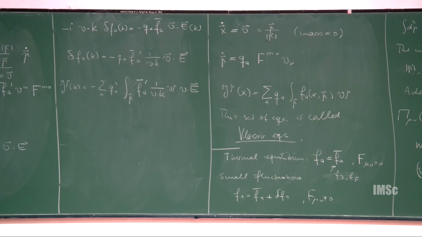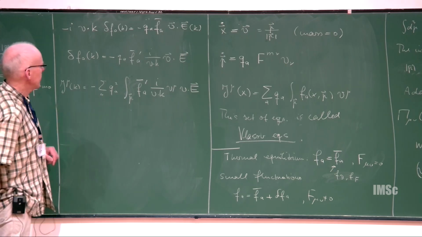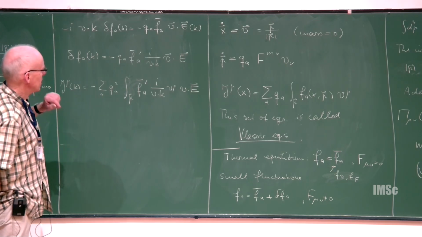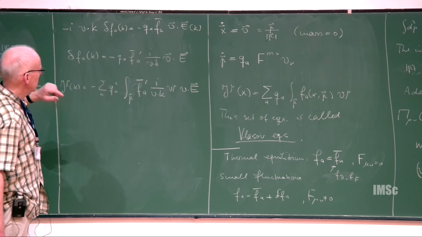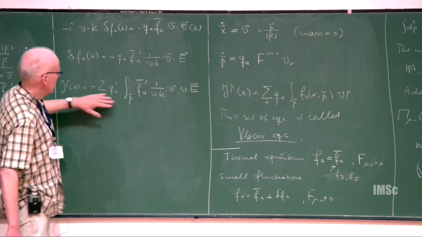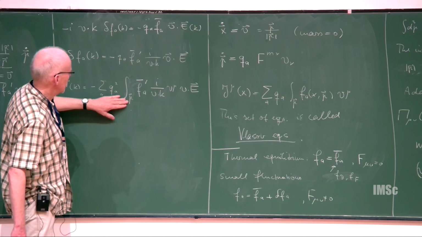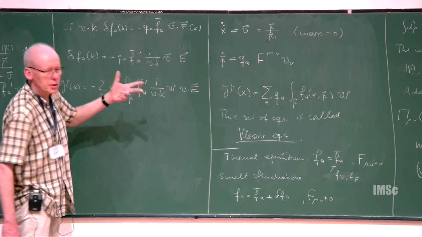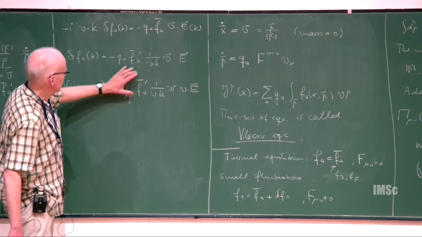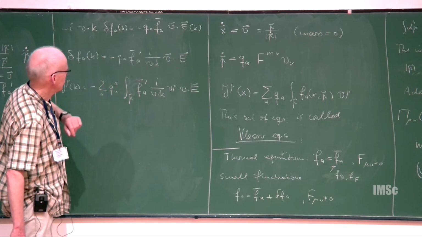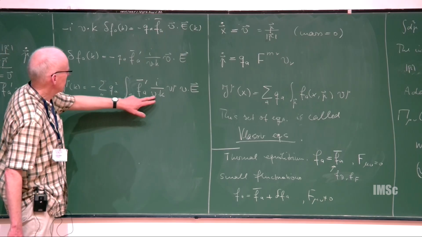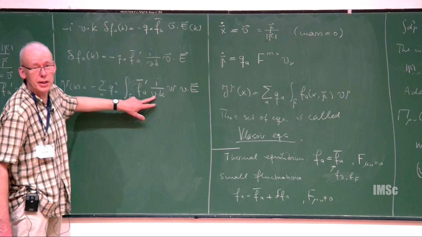Now we have an integral again over momentum space, and we see the same structure as in the field theory calculation: the integral over the modulus of p and the direction factorize. This part depends on the modulus of p, but this one does not. This only depends on the direction.